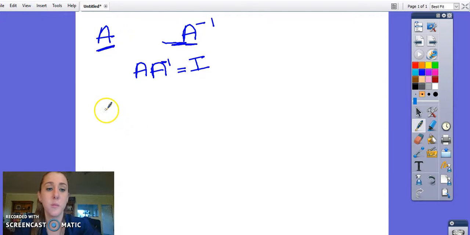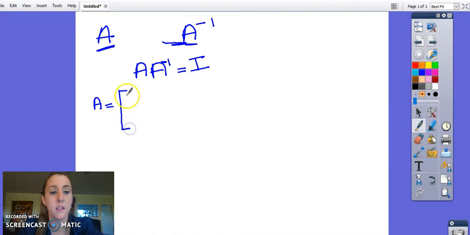So I'm going to run through another example for you. We're going to give the matrix A defined as 6, 2, 8, 3.